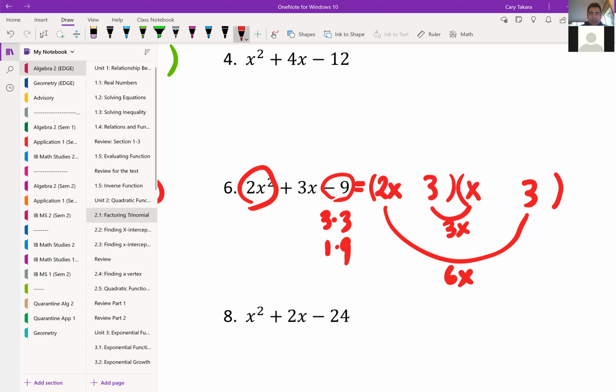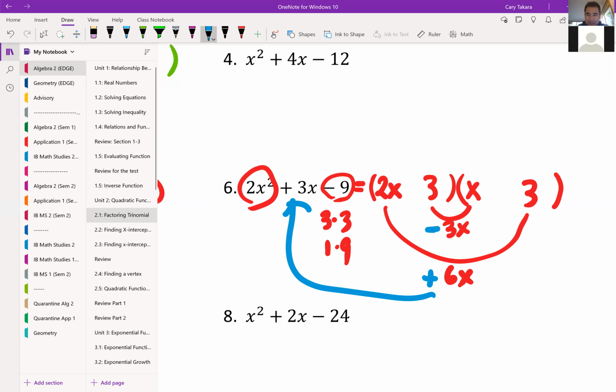Can you get positive 3x by adding 3x and 6x? You can, right? If 6x is positive and 3x is negative, then if you add them together, wouldn't you get positive 3x?